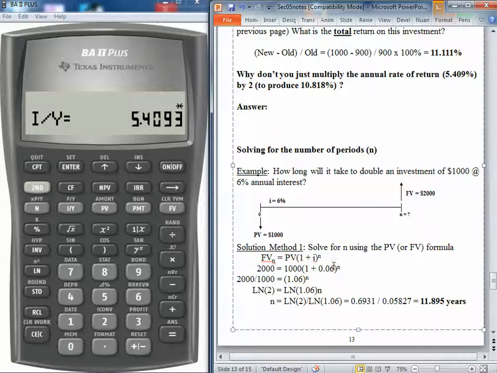I have a 6% rate of interest, but now n is an exponent. In order to solve for a variable that is an exponent, I would need to take the natural log of both sides and then divide to solve for n. So we can see numerically that we would take 11.895 years.